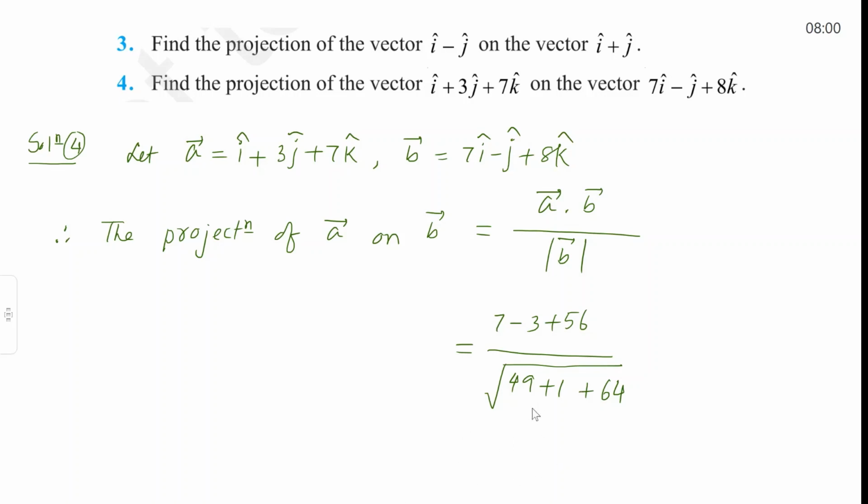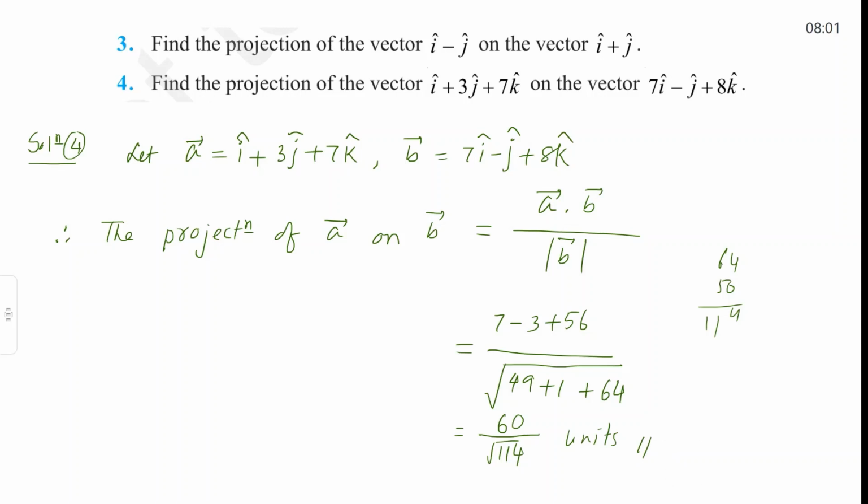So 56 plus 7 minus 3 is 60, divided by root over 49 plus 1 plus 64, which is 114. So we write just 60 by root over 114, and this is the answer. You should write units because it is a length, therefore 60 by root over 114 units.